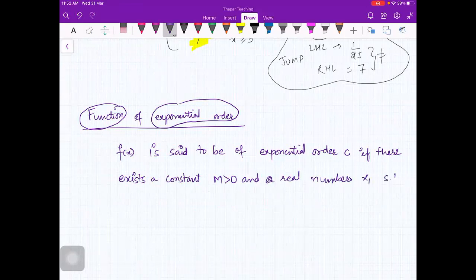Such that mod of f of x is less than or equal to m e raised to power cx for x greater than equal to x1.